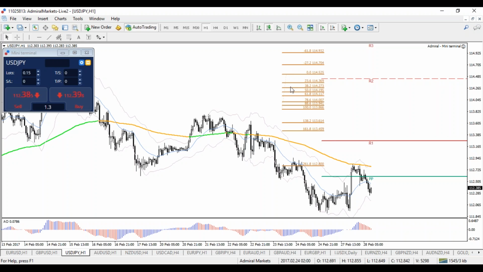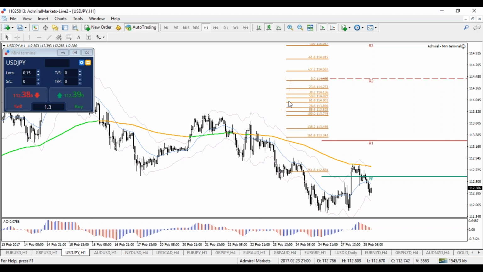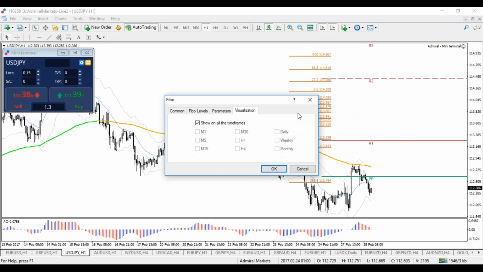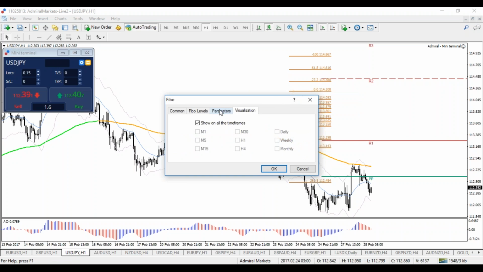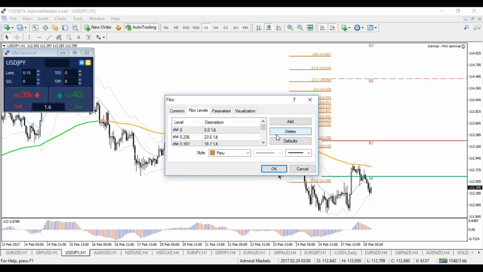This is actually just a standard fib tool, but I will explain here what you can do. You can right-click on the ending, beginning, or the middle of the fib tool. Go to Fibo properties. Go to Fibo levels, and then add a level.